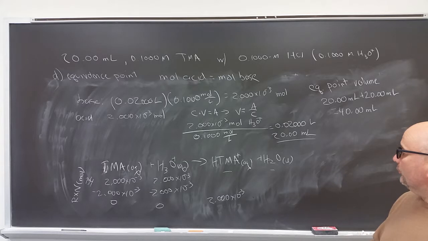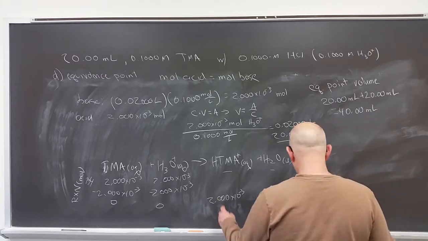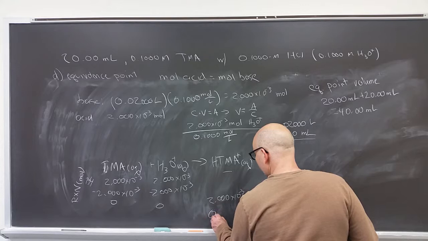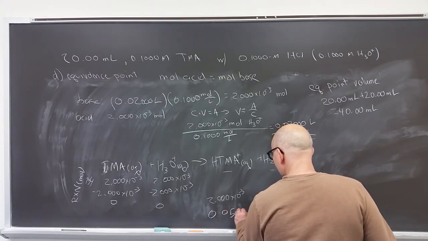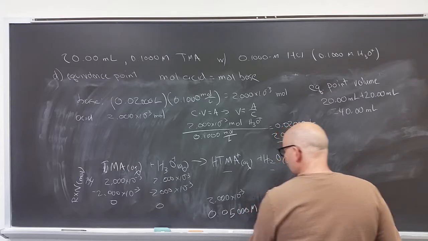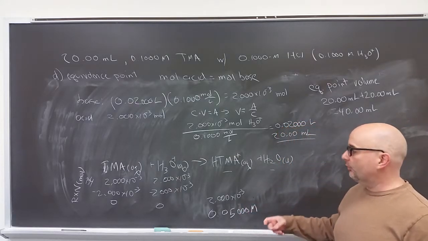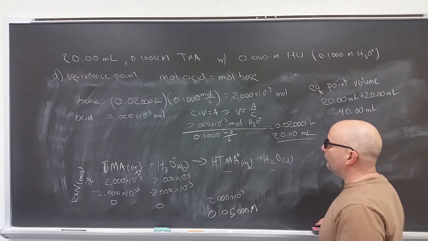So we have 2 millimoles of the trimethylammonium contained in 0.04 liters of solution. So this concentration at the equivalence point is going to be 0.05 molar. And we're going to use that as the initial concentration of our equilibrium calculation for the Ka of the trimethylammonium.